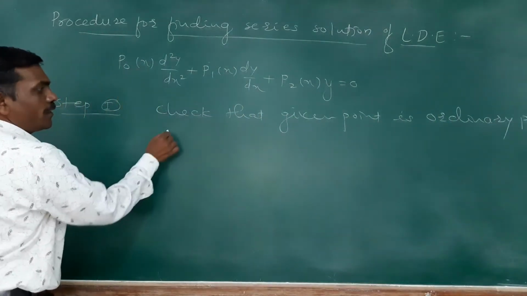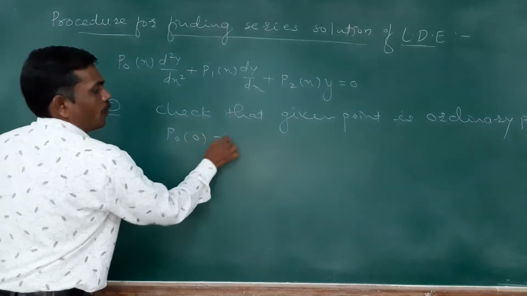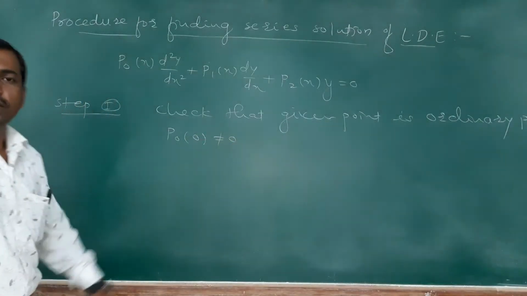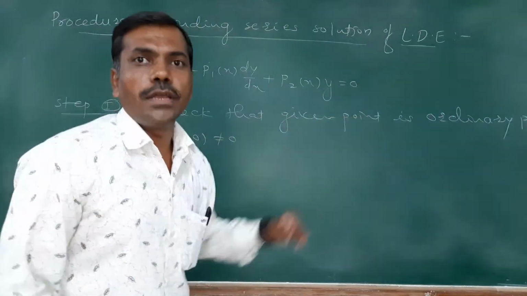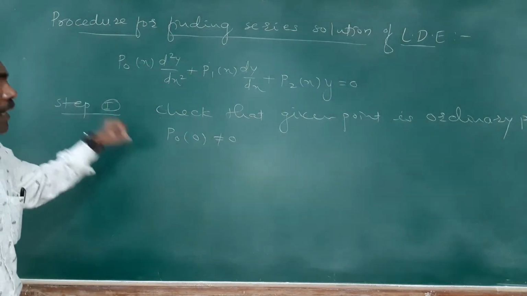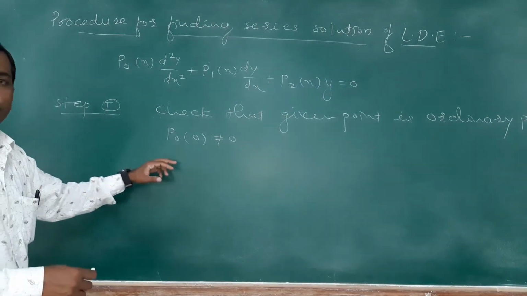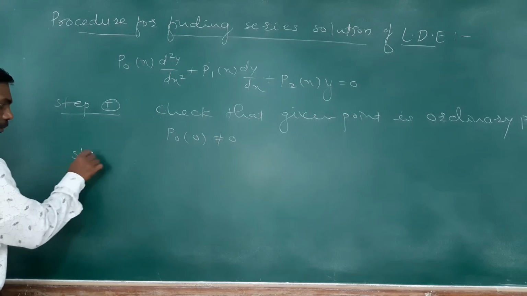For that just check that p0 of 0 is not equal to 0, so that our point is an ordinary point. Okay, once we get an ordinary point, then the next step is step second.